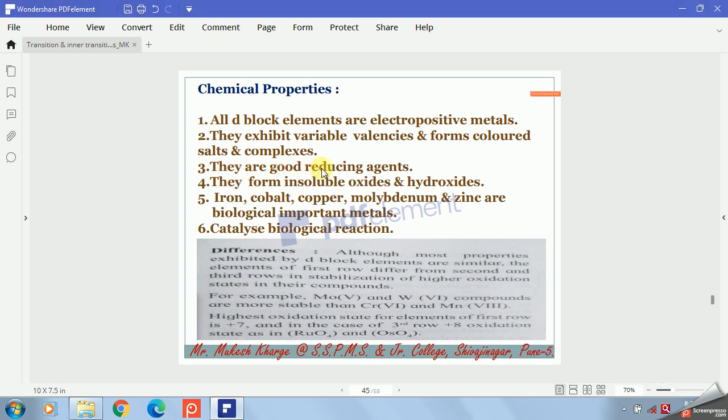Then they are good reducing agents, so they reduce other substances and they themselves undergo oxidation. Then they form insoluble oxides and hydroxides.